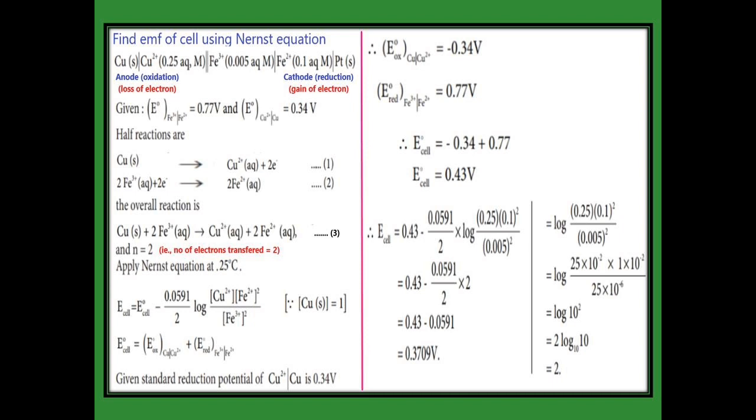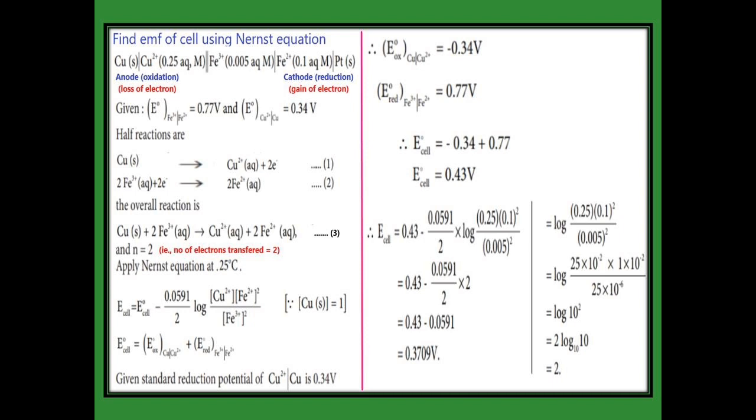And Fe3+, how many? 2 Fe3+, so square bracket Fe3+ to the power 2. Now see the concentration values given in the cell notation: Cu2+ is 1 molar, Fe3+ is 0.05 molar, and Fe2+ is 0.1 molar. These are all the concentration values.